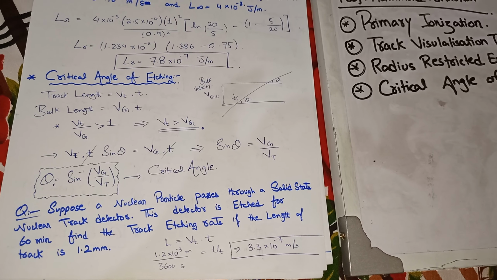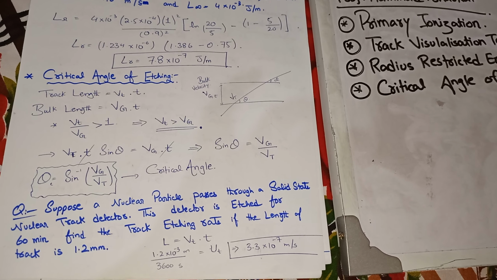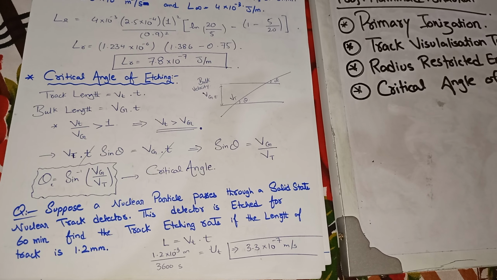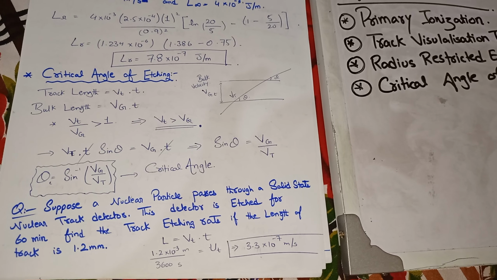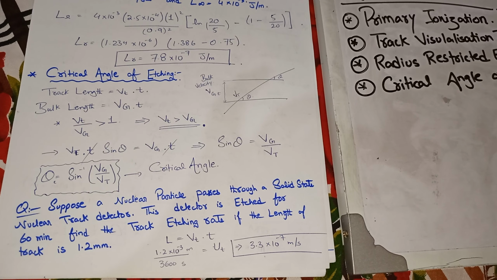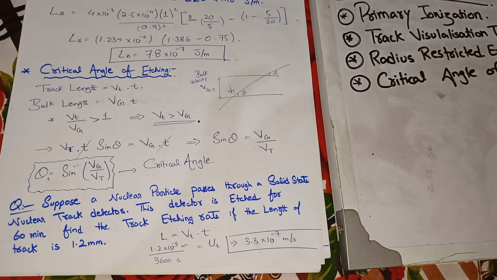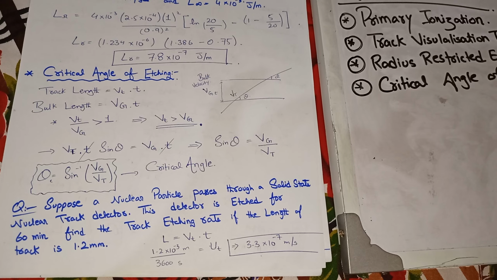Now you have to find the track etching rate, meaning vt. If the length of the track is 1.2 millimeter, it's quite easy, the length is given, meaning distance is given. Distance s equals vt, so length l equals vt. You have to find vt, the track etching rate.